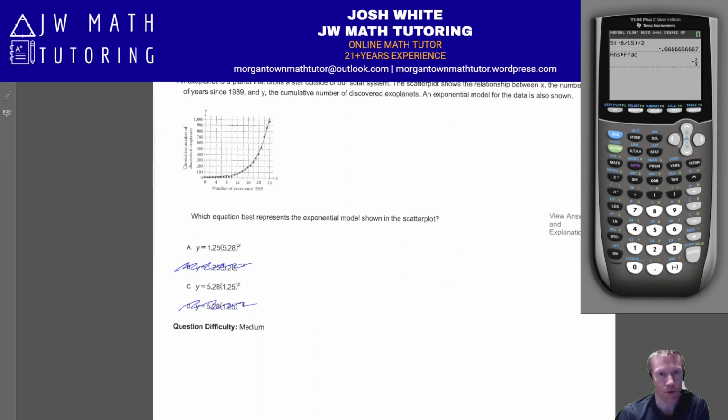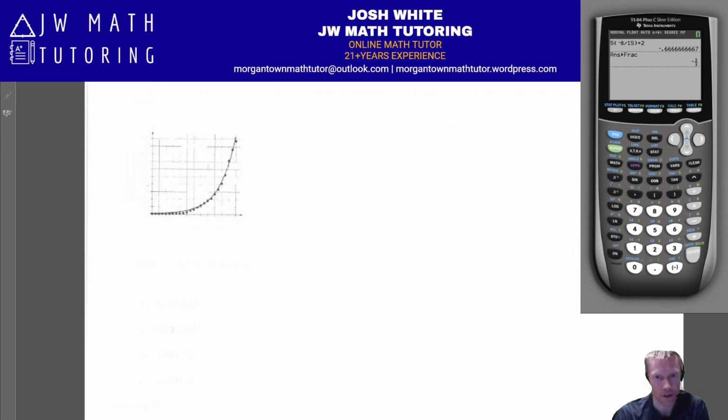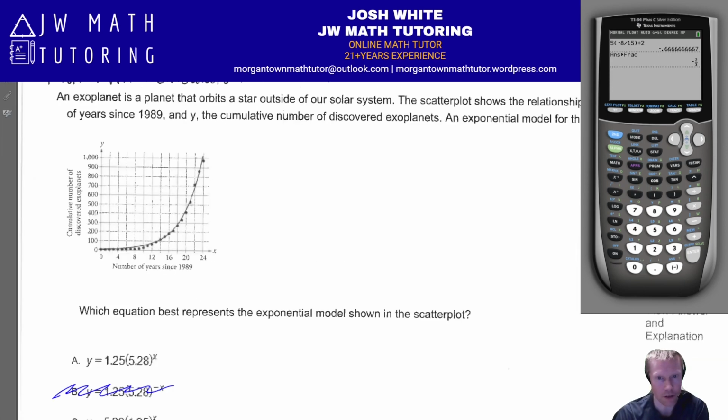There are multiple ways you could do this. I'm going to zoom in to see some points a little easier. I would look for a point almost exactly on one of the dots, so I don't have to estimate.